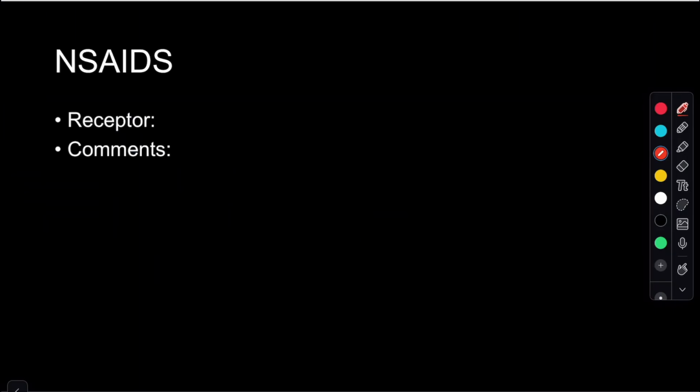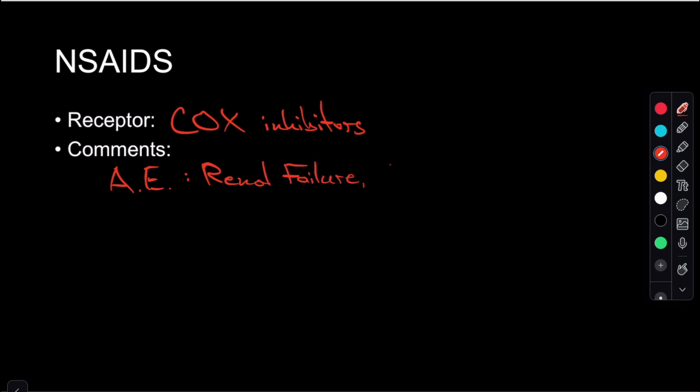Our next class of medications to discuss are the NSAIDs. So NSAIDs are cyclooxygenase inhibitors. They can have some major side effects. So adverse effects include causing renal failure, GI bleeding, and then there's some evidence that shows that they can cause cardiovascular disease.